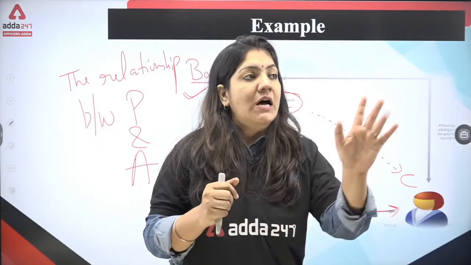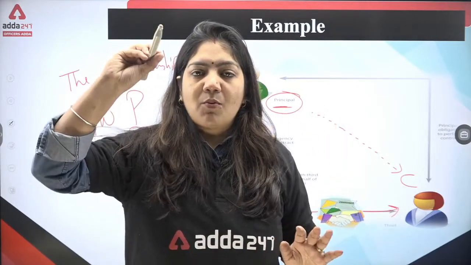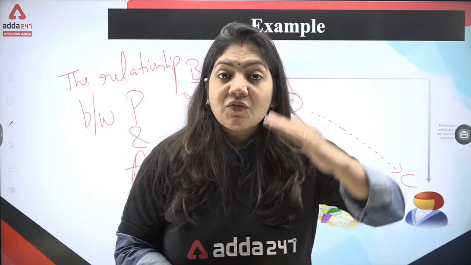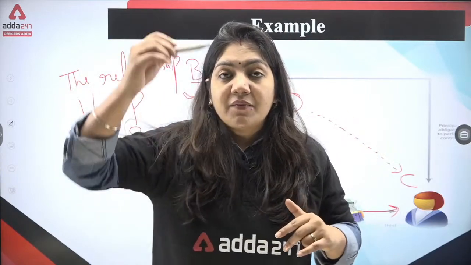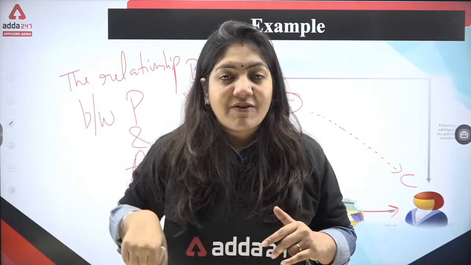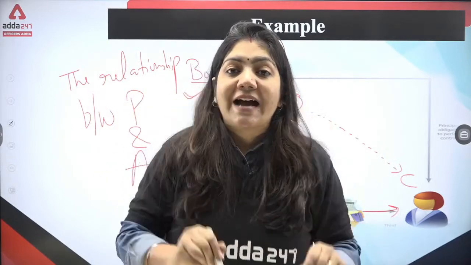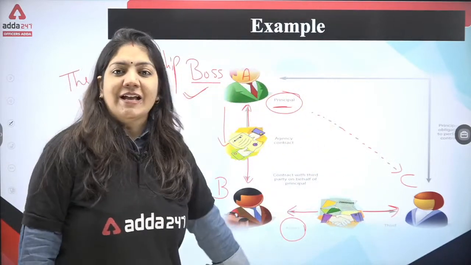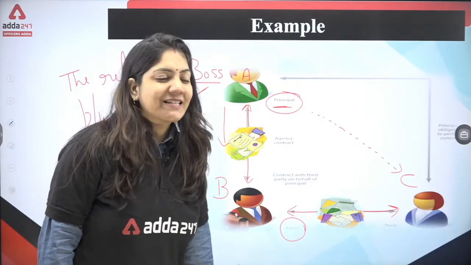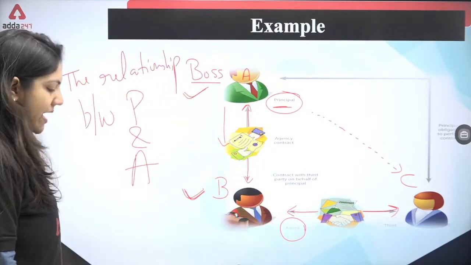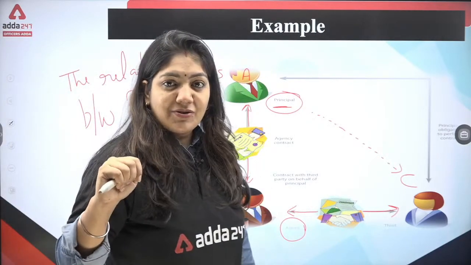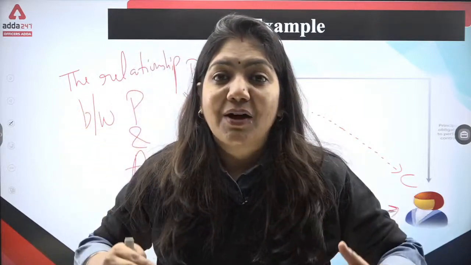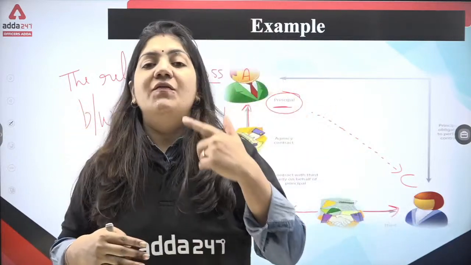Suppose the work of the agent is from 7 in the morning to 7 in the evening. Whatever wrongful act is done between 7 a.m. and 7 p.m., only in that case will the principal be liable. This is exactly the definition. I think you are all bankers, you are employees in the bank, so actually you are the agent of your bank.